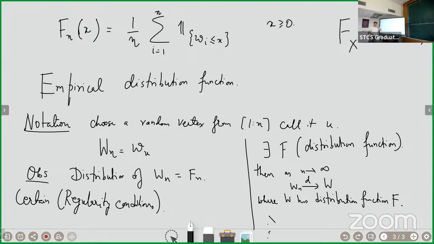It's just a roundabout way of writing it. And this is condition A.